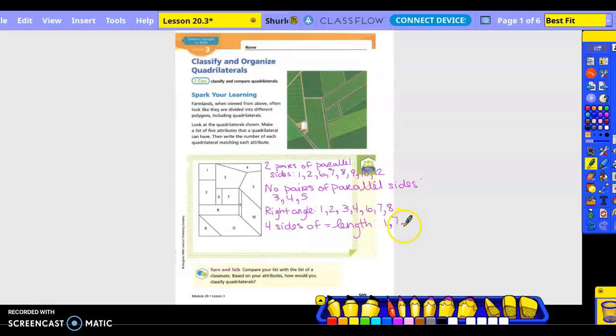Because it is a what? A rhombus. Okay, 11 we're not looking at, and 12 is just a parallelogram. 12 does not have equal length. No? Okay, 2 pairs of sides with equal length.